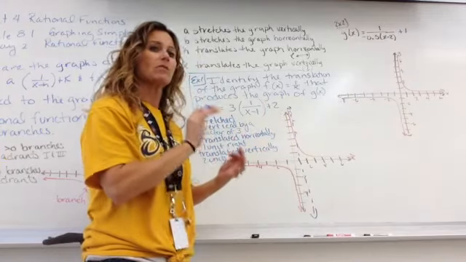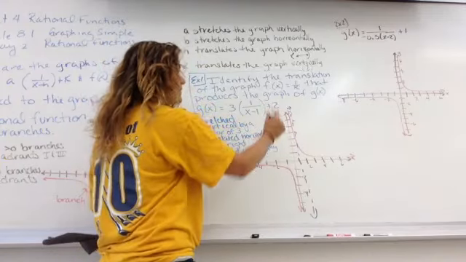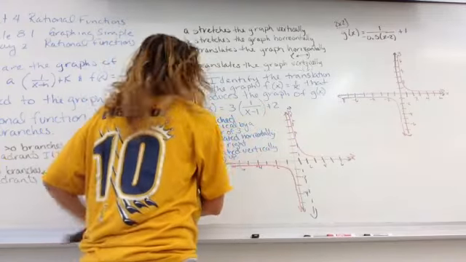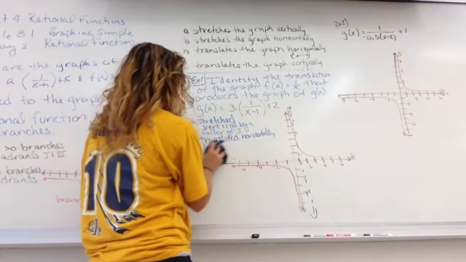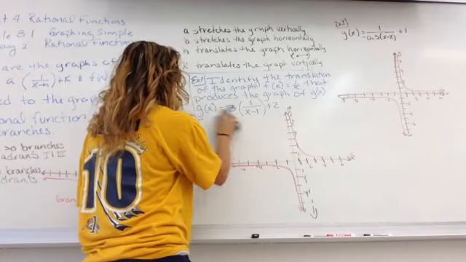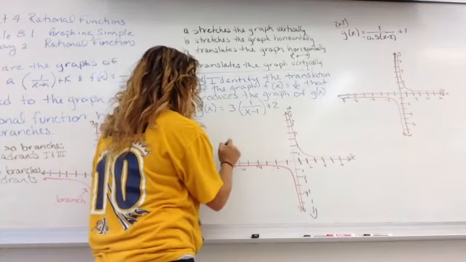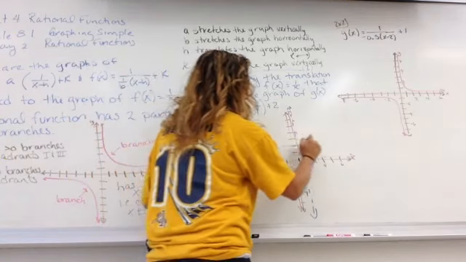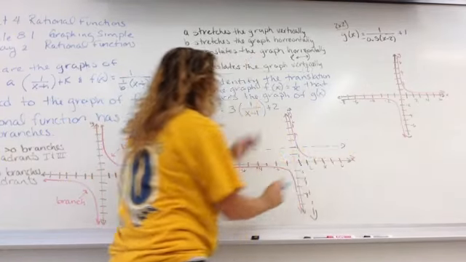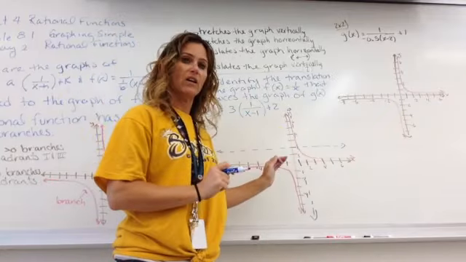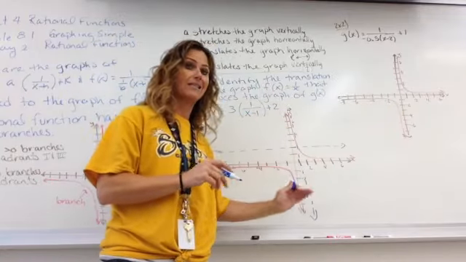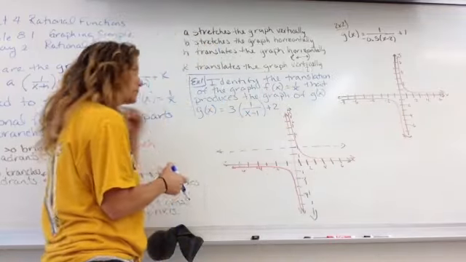We denote the asymptotes with dotted lines. This one tells me I have an asymptote at y equals 2. So remember, K is your y value, so it's going to be crossing the y axis. H is your x value, so it's going to be crossing the x axis. That's why it's kind of looking opposite.